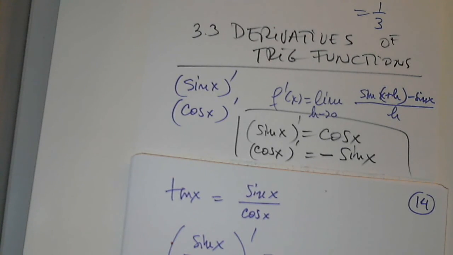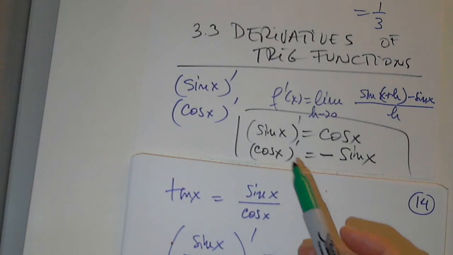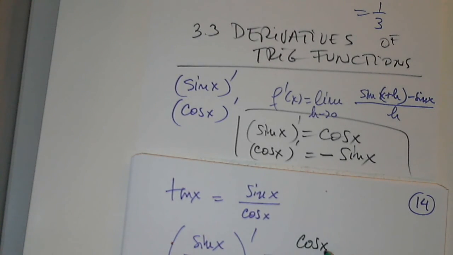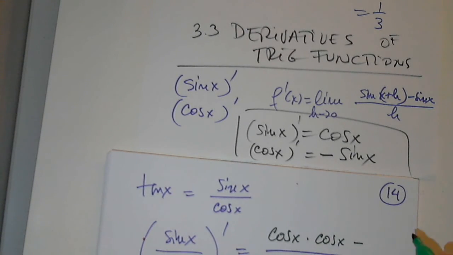It's not inside a limit, so we have to use the quotient rule. And I'm ready when you are. Cosine times cosine, very good, minus sine x times negative sine x. I'm going to change this, over cosine squared.